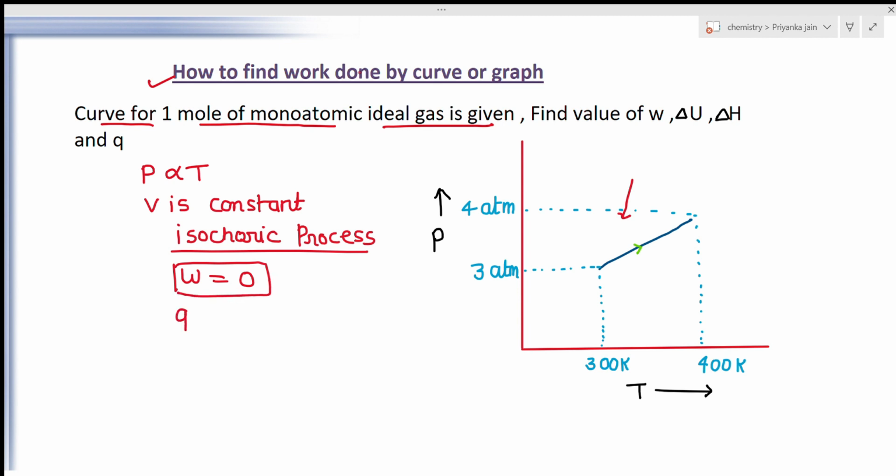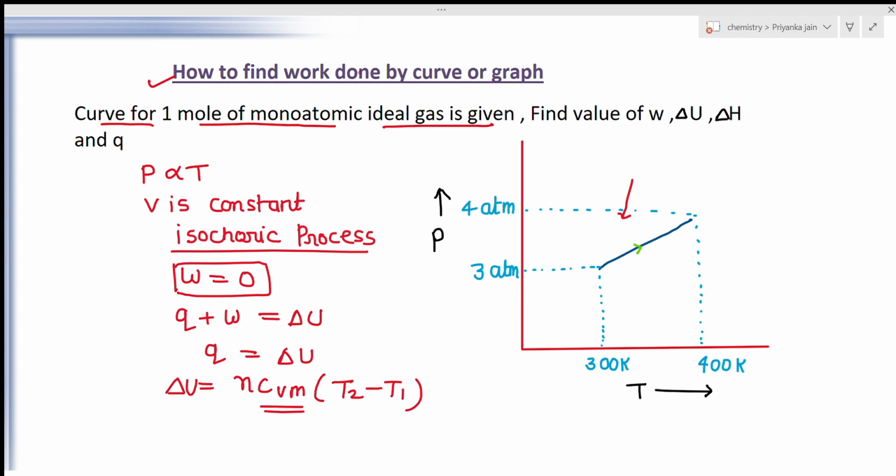Now we know Q plus W is equal to del U. So Q will be equal to del U. And del U, you know, is given by the formula del U is equal to n CVm (T2 minus T1). Now you have to find out CVm. You are given that the gas is monoatomic.